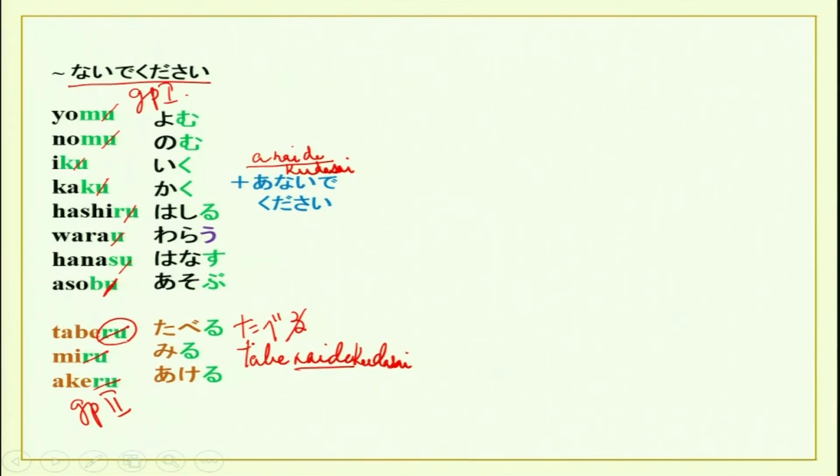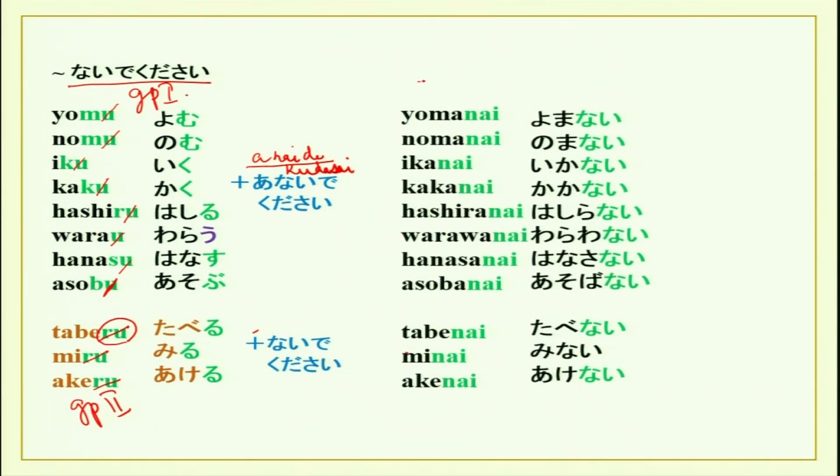You can also make it in another way, which is from the negative form of the verb. Now, yomimasu, yomimasen. This is yomu and this is yomanai, isn't it? So, you just have to use this and put yomanai de kudasai.